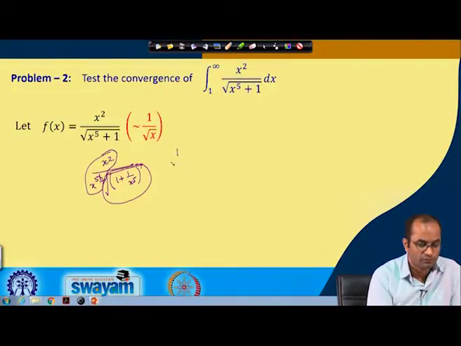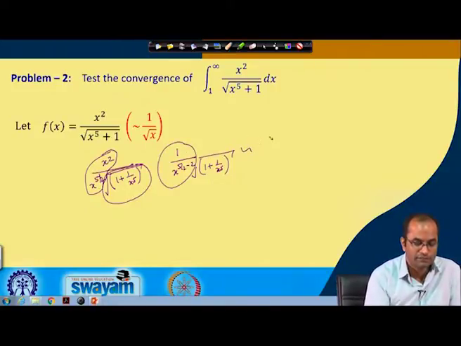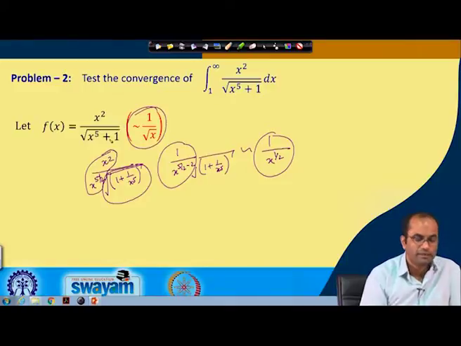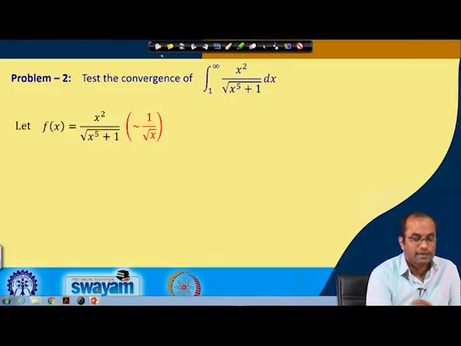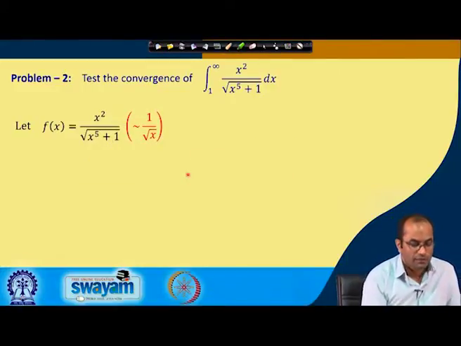We have 1 over x power 5 by 2 minus 2, that is 5 minus 4 by 2, so 1 by 2, so 1 over square root x. So, this is behaving like 1 over square root x as x approaches infinity.